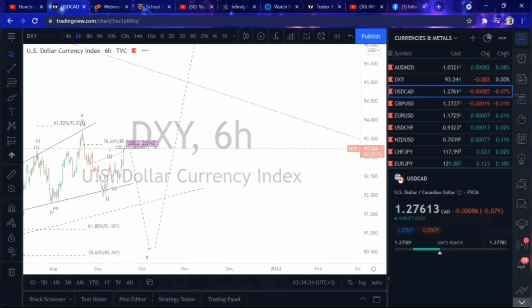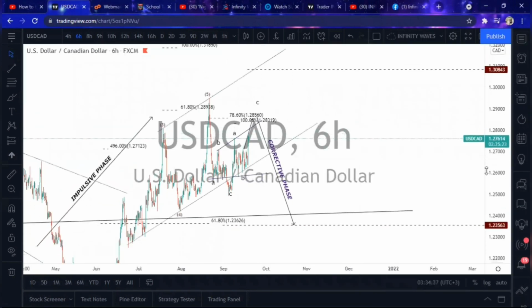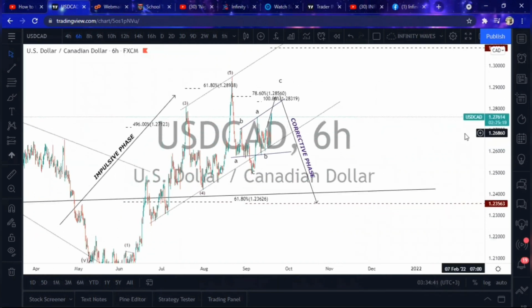Now for the next setup, USD Canadian dollar. USD Canadian dollar has been moving to the upside for some time now, but for now we are expecting this move to go all the way to this 128 levels, then come down. It can come down from this level here, or it can push up a bit to these levels, then come down to complete this move here.